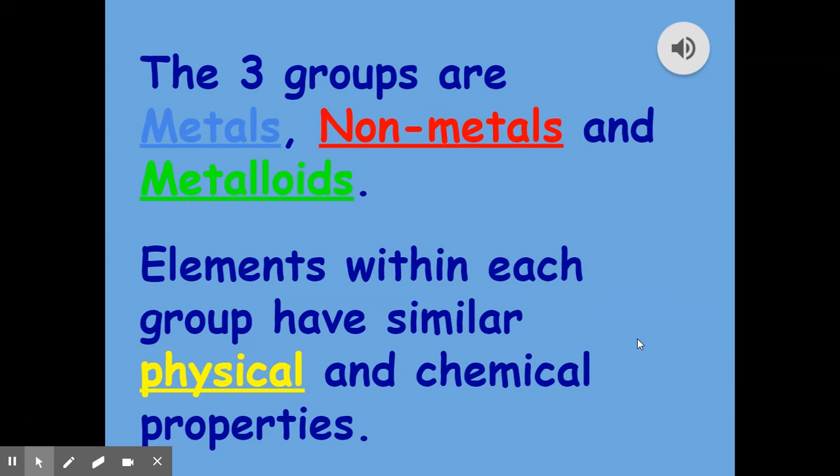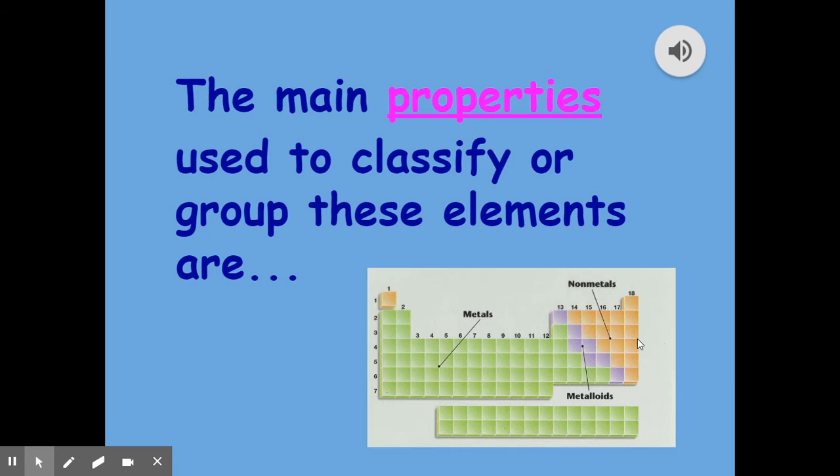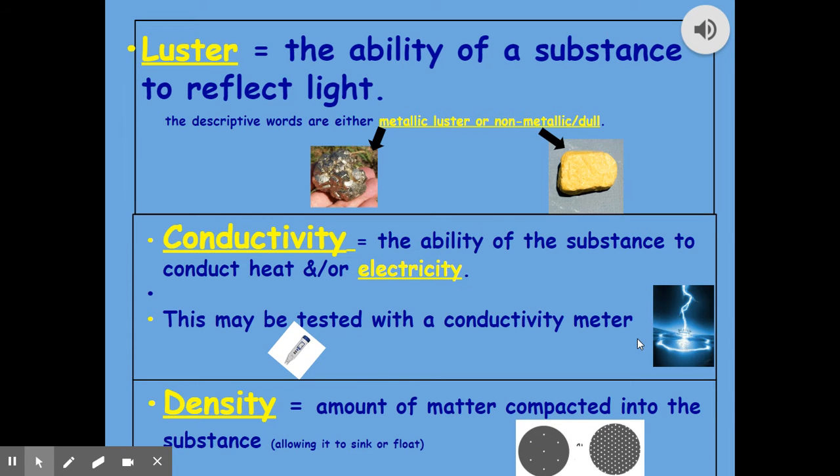The three major groups are metals, nonmetals, and metalloids. Elements within each group have similar physical and chemical properties. The main properties used to classify or group these elements are luster.